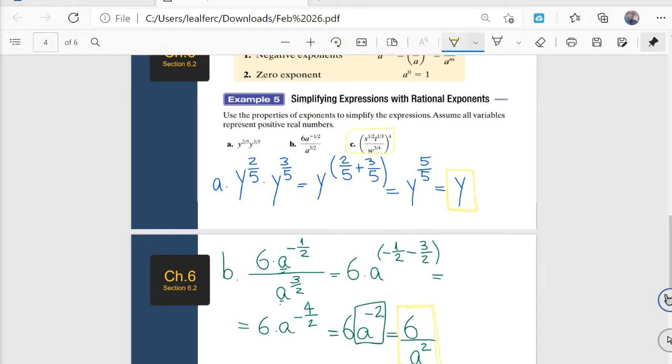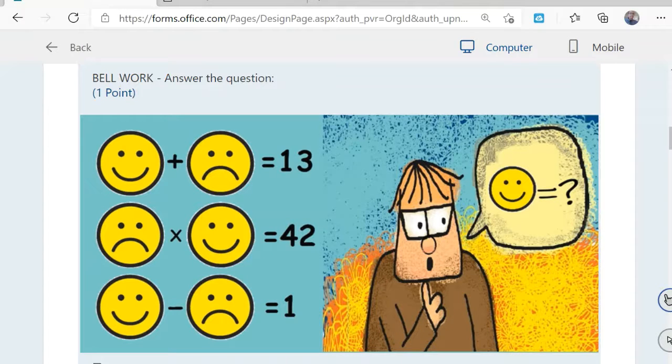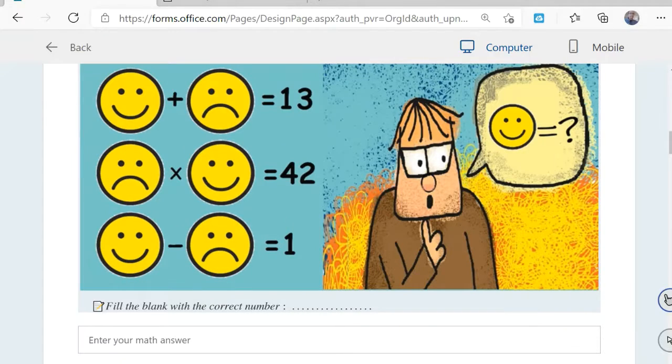But before moving on to the practice, tell me, what do you think is going to be the right answer for this bell work? You have the happy face, you have the sad face. What is the value of the happy face? You can guess the numbers and check if they fulfill the conditions.